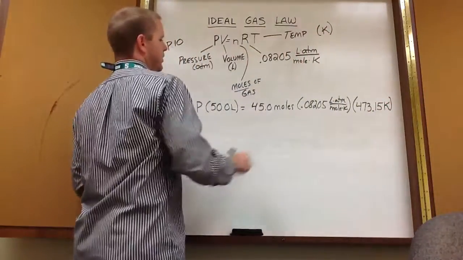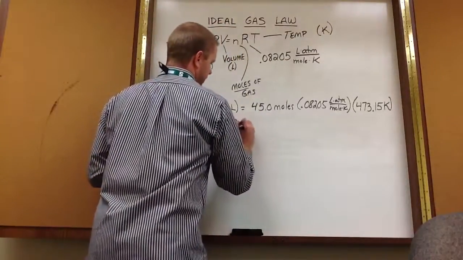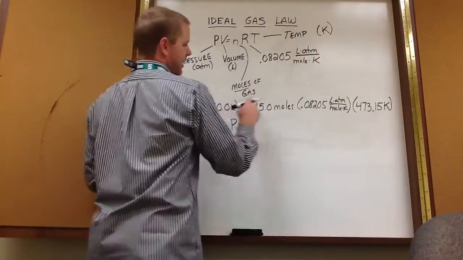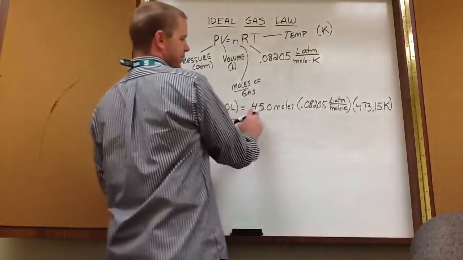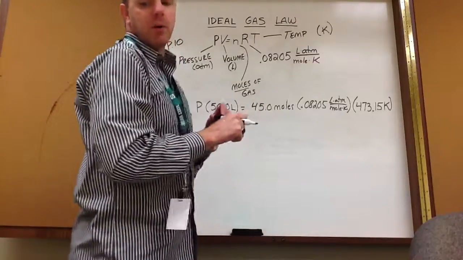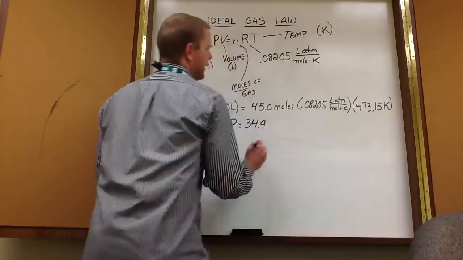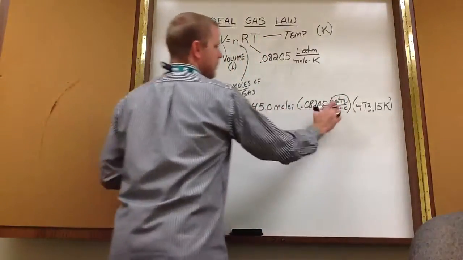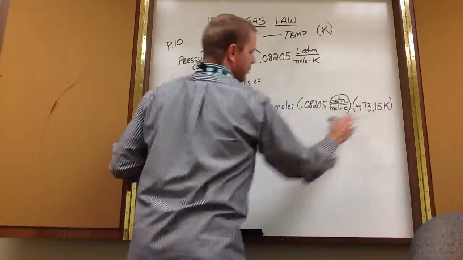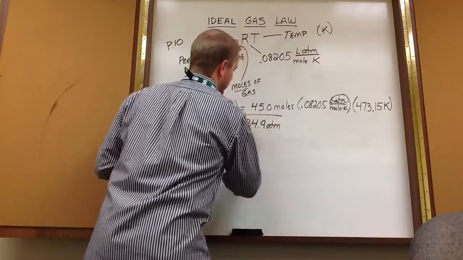You do the math, you multiply these three things, you divide by 50 to isolate the P, and you get P equals. 3 sig figs, 3 sig figs, 4 sig figs, 5 sig figs, therefore your answer can have 3 due to these two numbers. So when you round it, you get 34.9. Because of ATMs here, remember liters has to match liters, moles has to match moles, Kelvin has to match Kelvin, therefore the pressure has to be in ATMs.